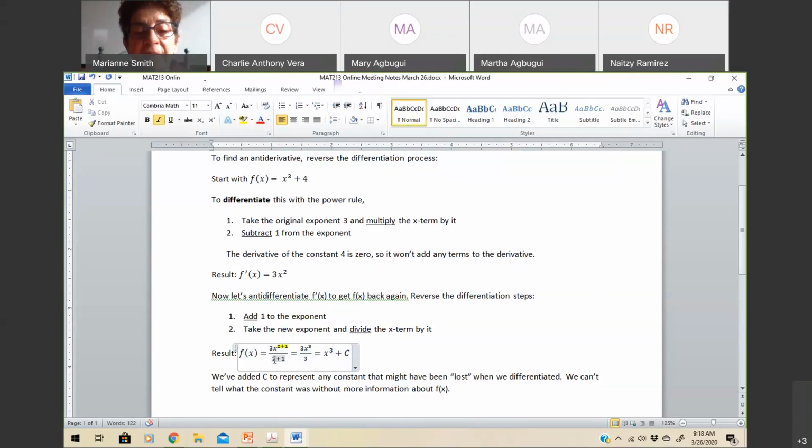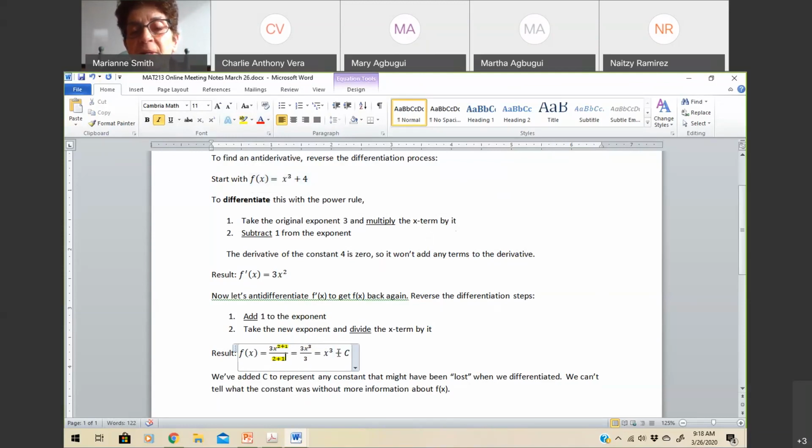I have to do the same thing down here, since I'm going to divide by that new exponent. My 3x squared becomes 3x to the 2 plus 1, or 3x cubed, and the 2 plus 1 on the bottom becomes a 3. The 3 on top and the 3 on the bottom cancel out, and I'm left with x cubed. That was part of my original f of x.